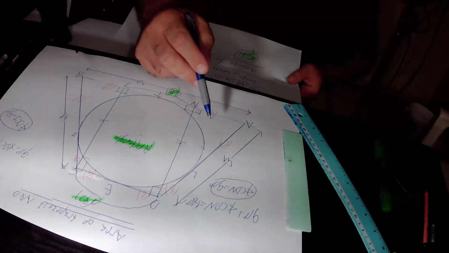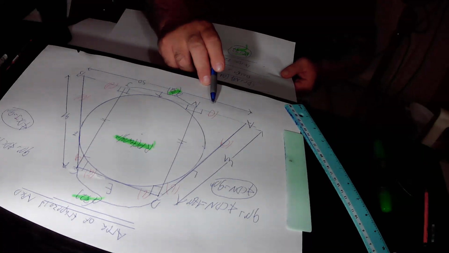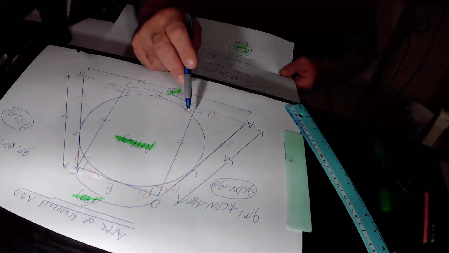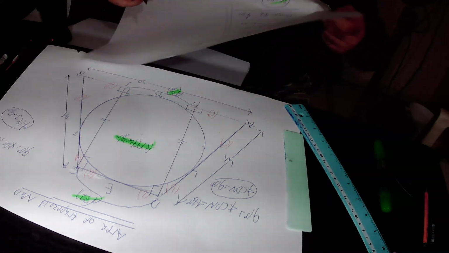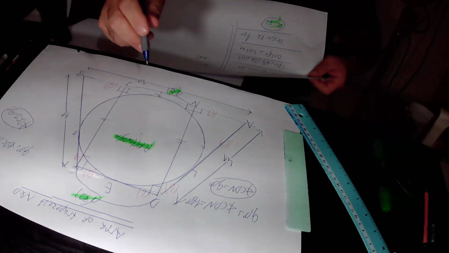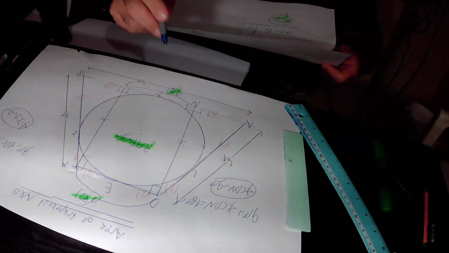The third side AN equals DA squared minus DN squared. Again, AN equals DA squared minus DN squared.